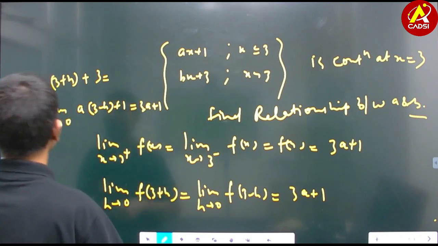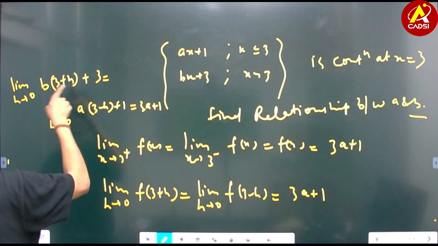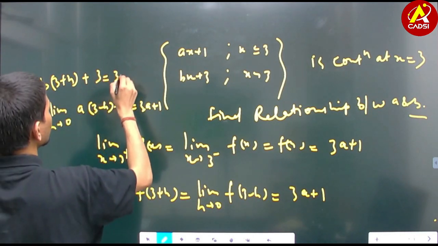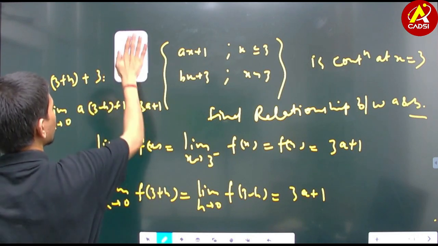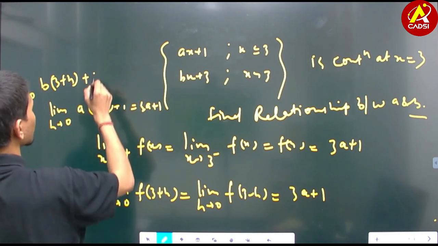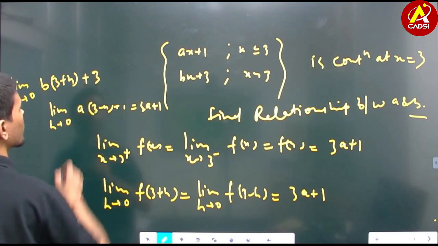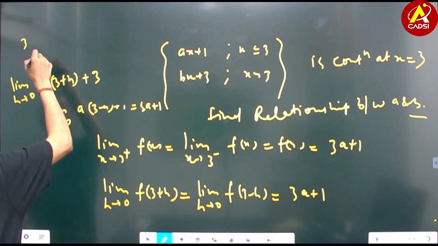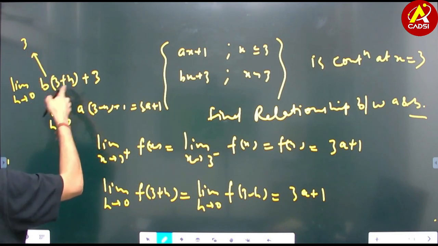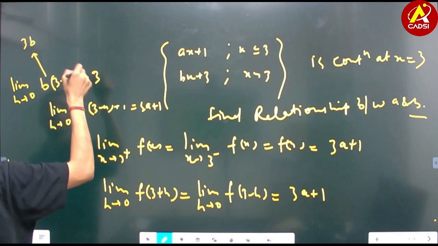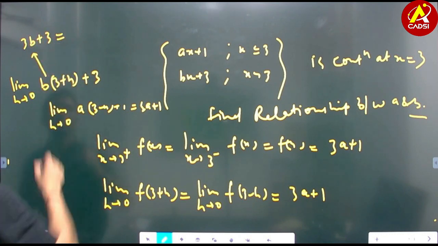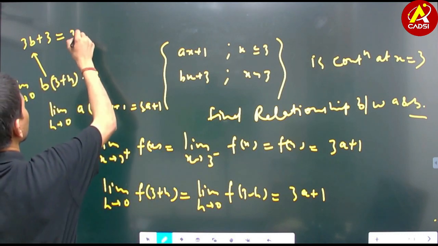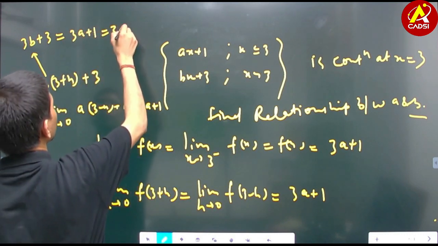Now when we put h equals 0, we get 3b plus 3 equals 3a plus 1.